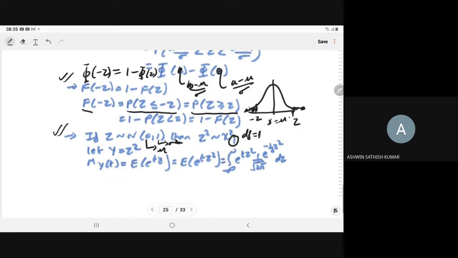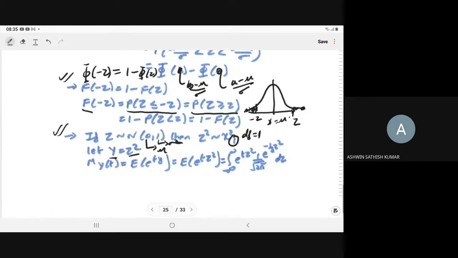So here we define the random variable y as z square, and to recognize which distribution it is following, we use the moment generating function, since the moment generating function is the fingerprint.